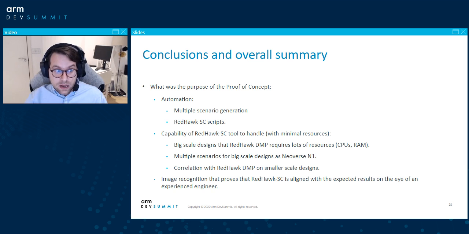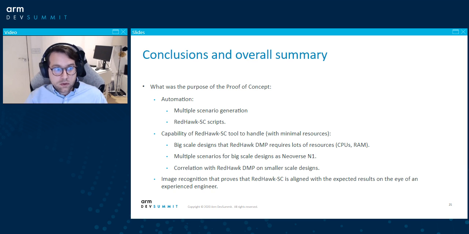And the last point for the capabilities of Redhawk-SC is the correlation with Redhawk-DMP on smaller scale designs. That was actually part of the evaluation process, of how we were sure that Redhawk-DMP and Redhawk-SC correlate. So we had a smaller block test case, and we deployed that on all the types of analysis, and we concluded that they produce the same numbers, so we got confidence in that.